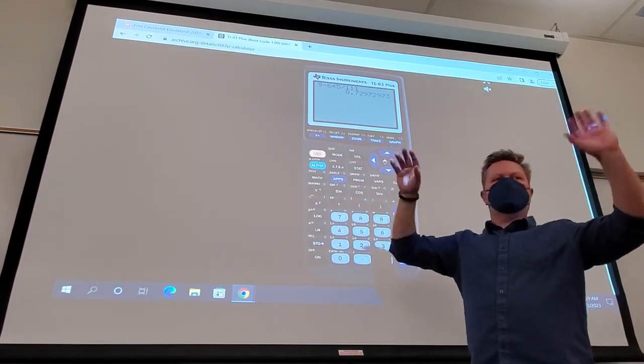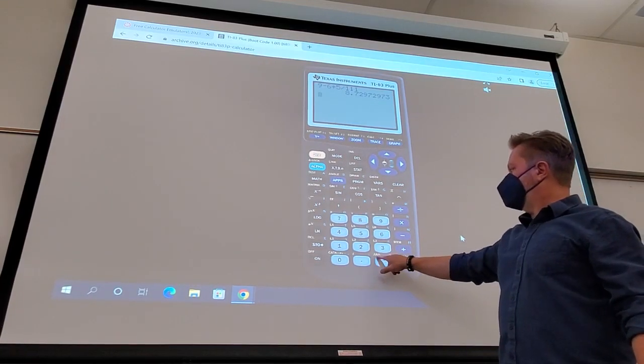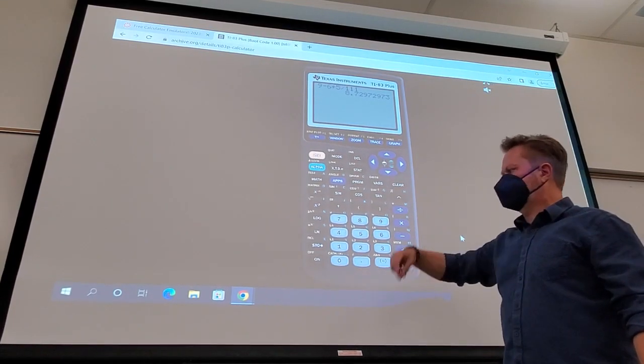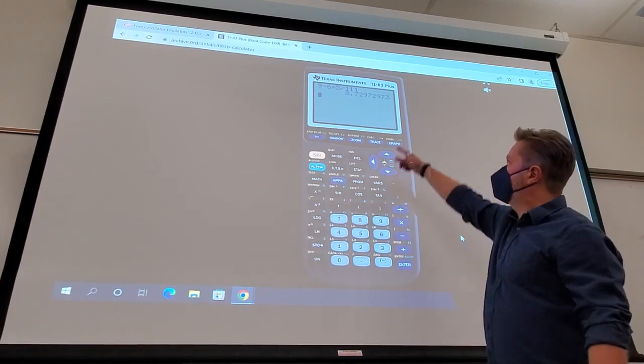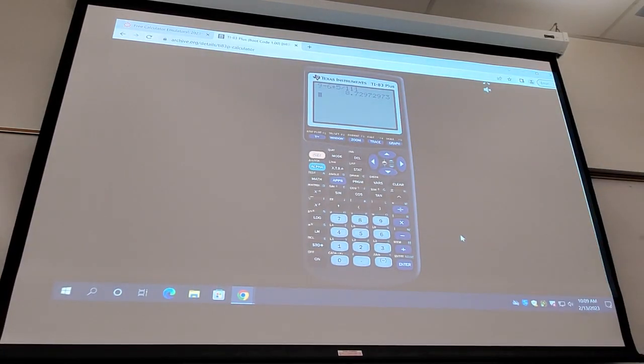But if you just want the last number on the screen, this little button is a constantly changing memory location. It updates with the latest number that was on the screen. So if I want the square root of this number, I don't have to type the whole thing in, I just hit the answer button, and it gives me the square root of the last number that was on the screen.